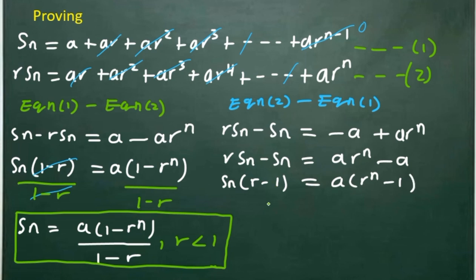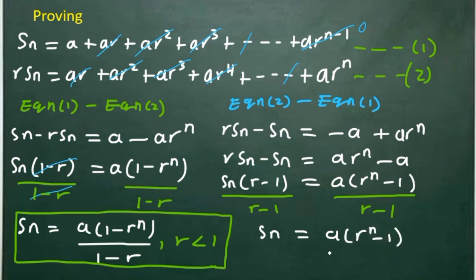Now if we divide both sides of the equation by r minus 1, we are left with Sn equals a into bracket r to the exponent of n minus 1, all divided by r minus 1.